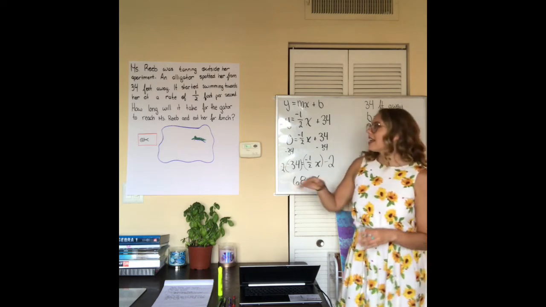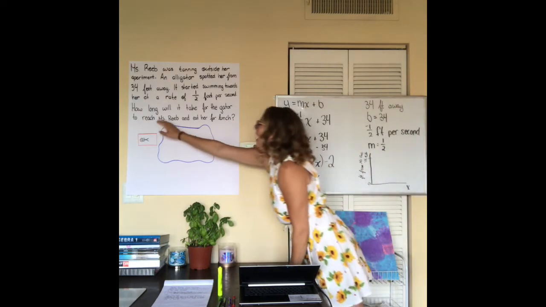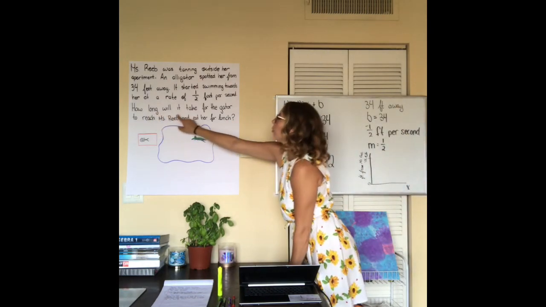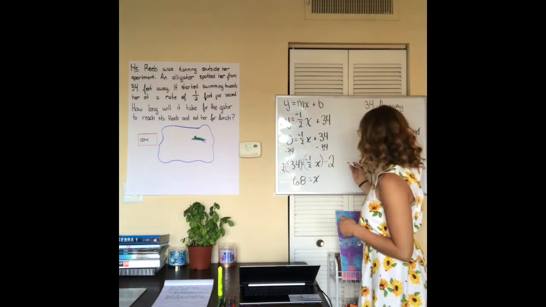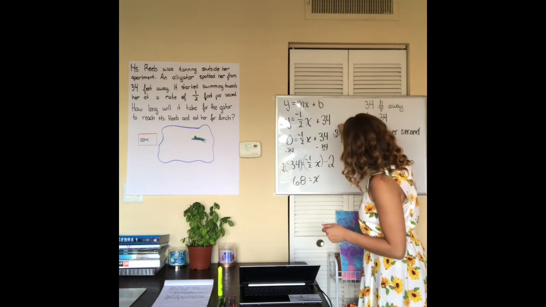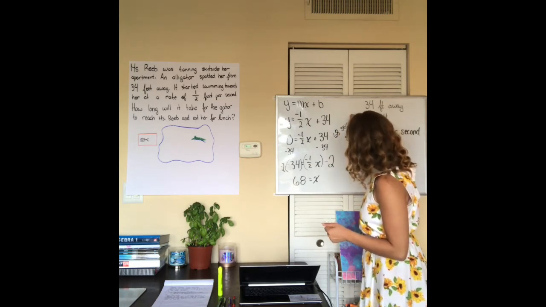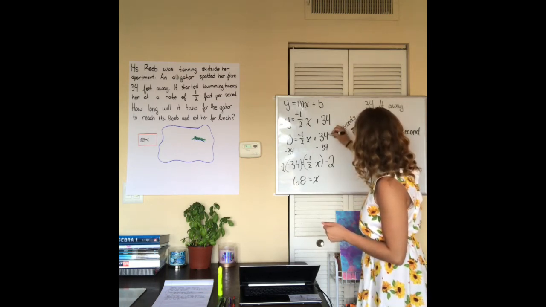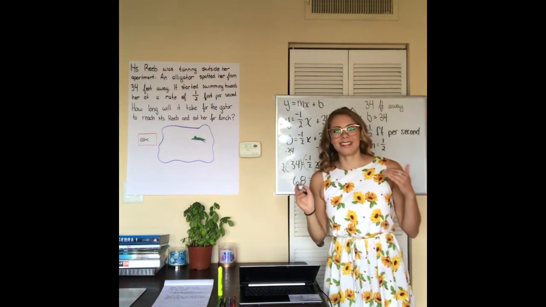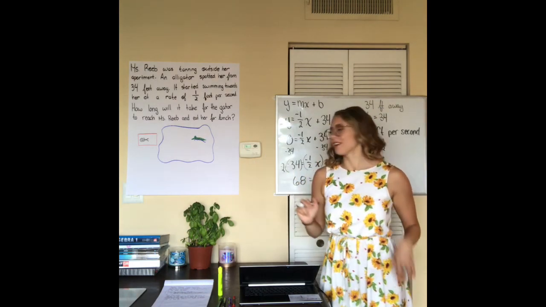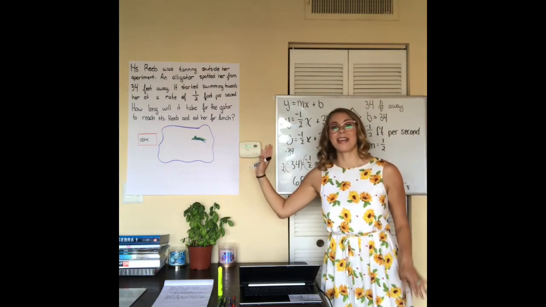And also we can get this from our problem where it says how long will it take, so we know that it's going to be a time value. So 68 seconds. So if I spot an alligator, I have 68 seconds before I need to start running, or it is going to eat me for lunch.